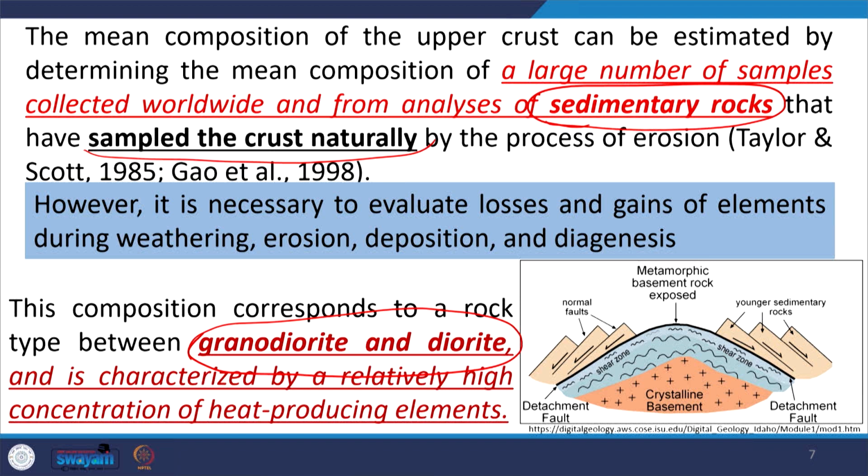So, not of granitic composition, but granodioritic to dioritic composition, which means some mafic part is there, not only the felsic part. Granite means quartz and feldspar, but granodiorite means we are increasing the mafic content. So, not only felsic content occupies the upper continental crust, along with felsic there is certain mafic content also present in the upper continental crust.